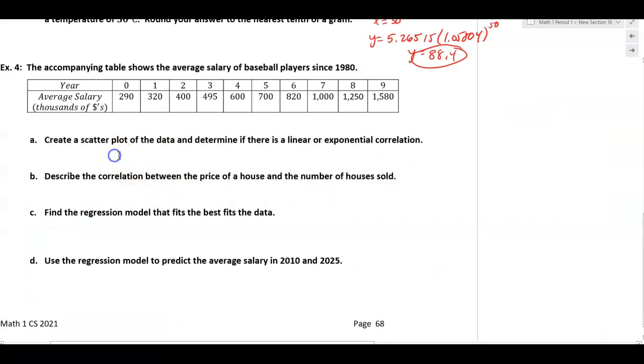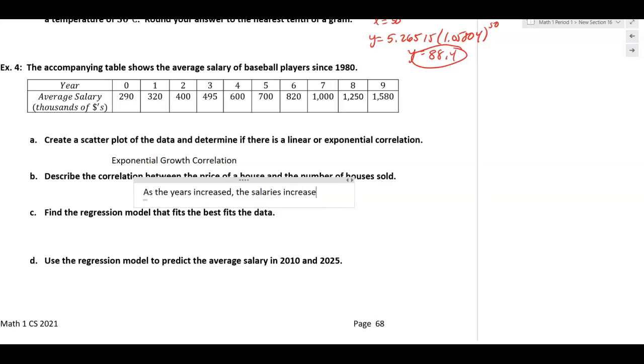So in here, we're going to say that it had an exponential growth correlation. And we'll say as the years increased, the salaries increased.